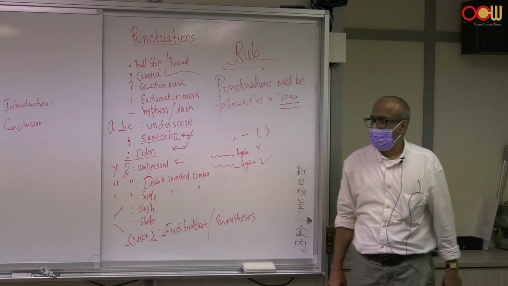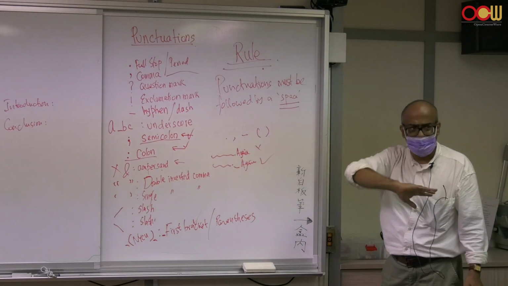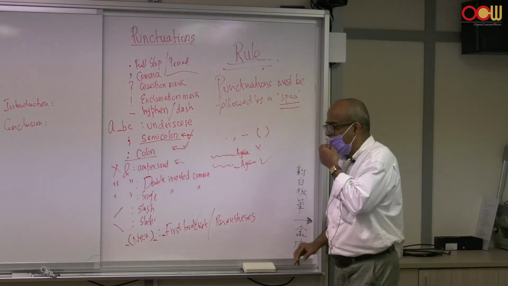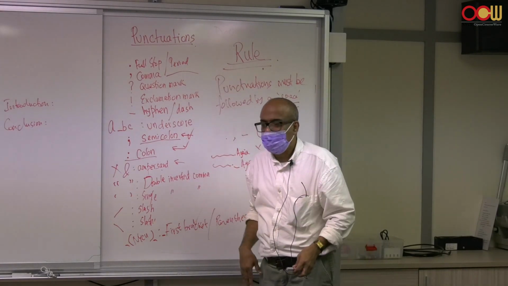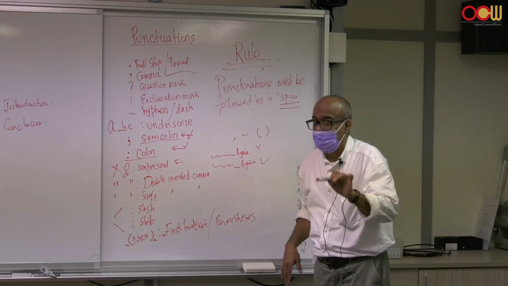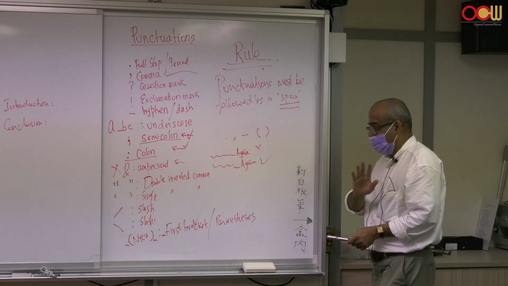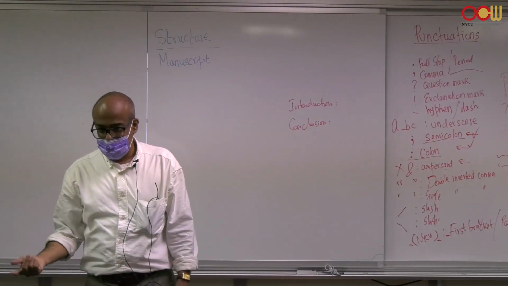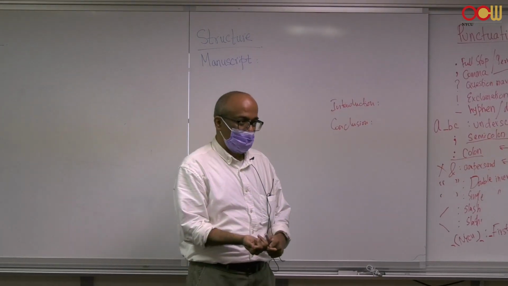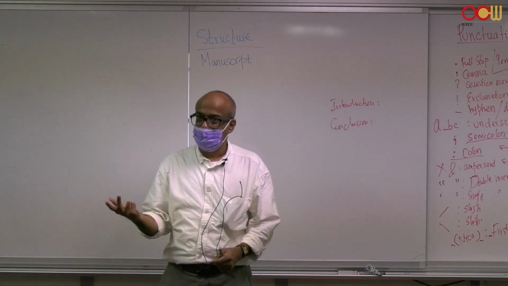We mostly can do it. With only full stop and comma, I can finish one document, unless I want to make it more fancy or something. Mostly with these I can do it. So when using it, be sure how to use it. Otherwise, don't use it. So basically, why do you come here for this course? Either you want to write your thesis or you want to write a manuscript. These are the only two reasons.